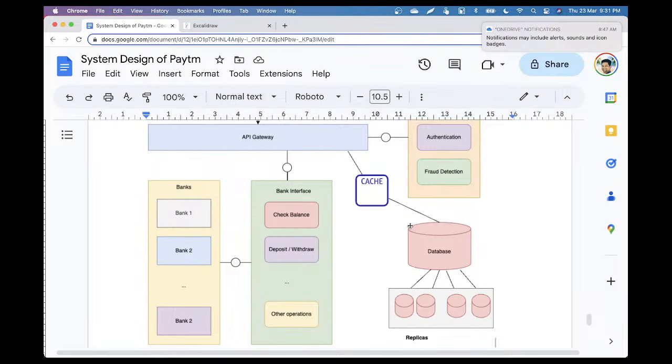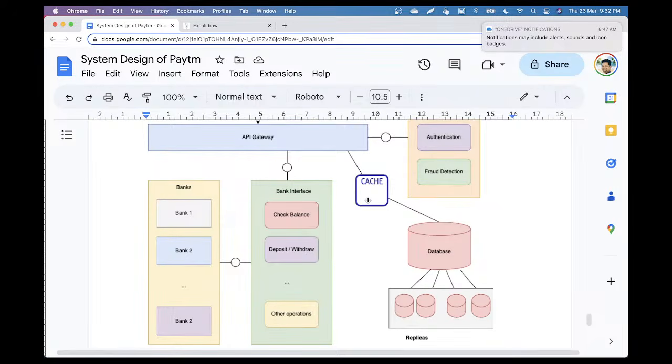Once that is done, you take care of it by having multi master replication, not master slave, because you have a write heavy configuration also. So you need multiple masters and multiple slaves. You distribute writes across multiple masters and reads across multiple slaves, and then you can reduce the load on the actual database by having caching.